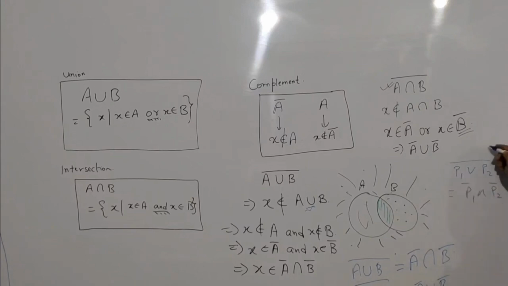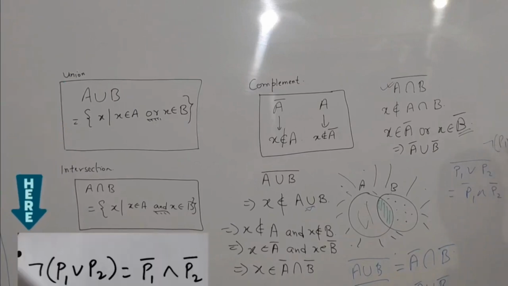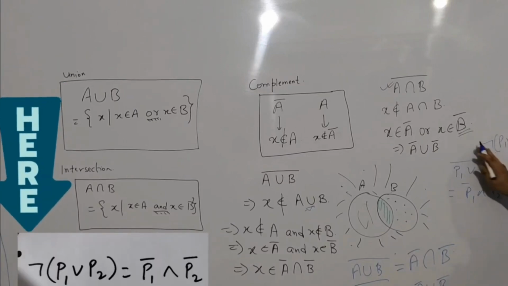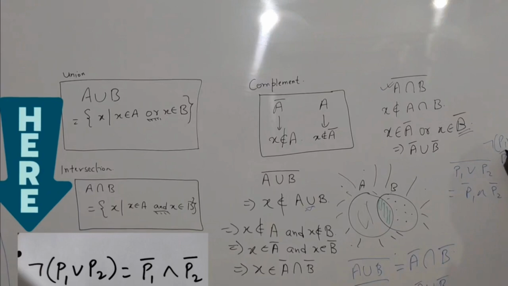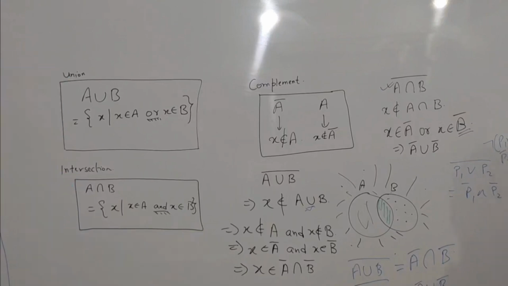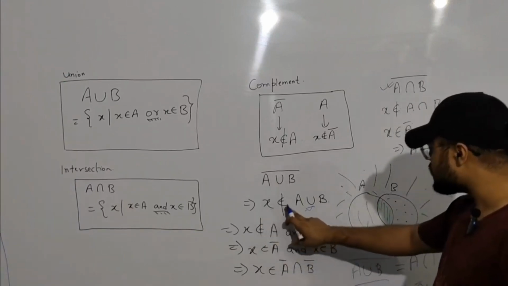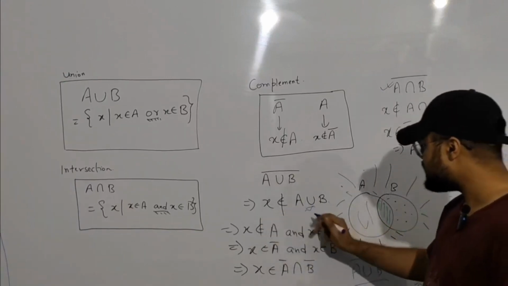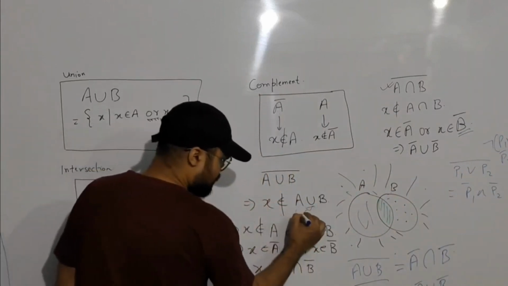And what are you doing here? You have a not operation outside of P1 or P2. Then to the propositions you perform the complement, and or becomes and, right? A similar case is happening here. X does not belong to A union B. And A union B is what?